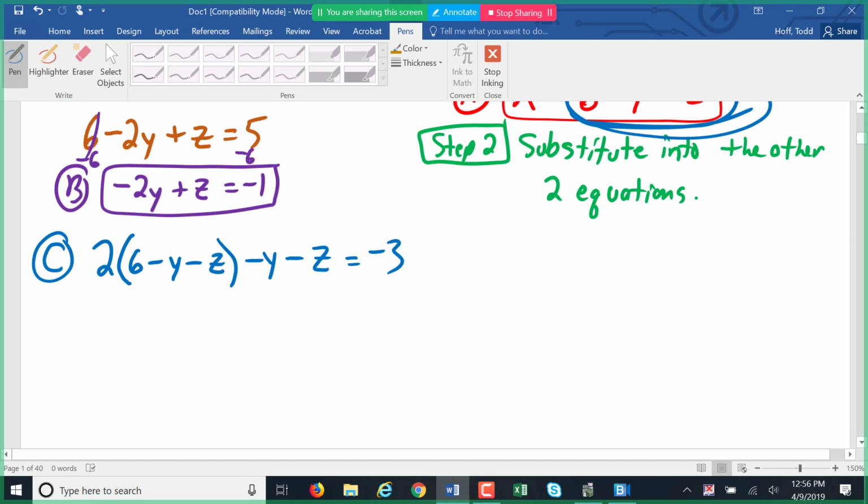Now we've got the 2 here in front of the parentheses. We have to distribute that. 2 times 6 is 12. 2 times negative y is negative 2y. And 2 times negative z is a negative 2z. We still have the negative y and negative z sitting there.